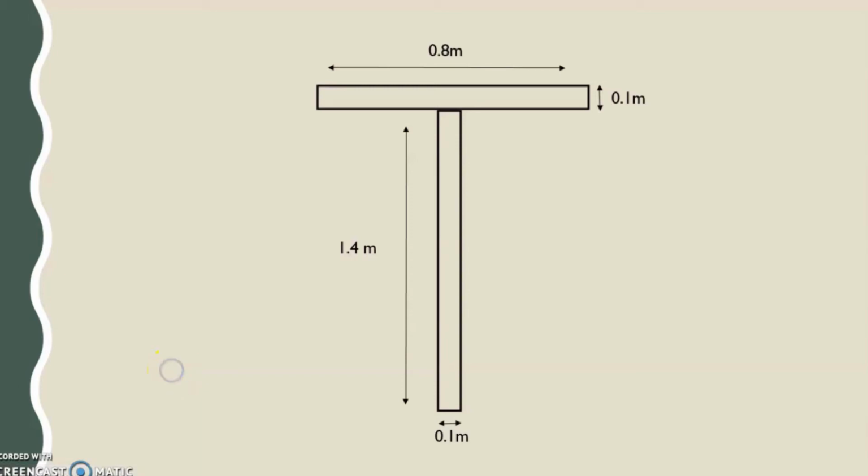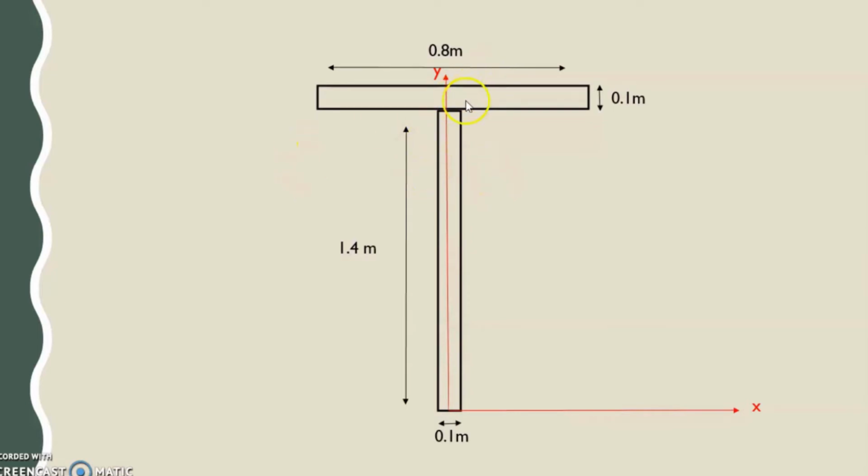Okay, hi, I am Nisa, and now we will calculate the Iy for the diagram. So first, we draw the x and y axes going through the centroid, so we don't have to use the parallel axis theorem.